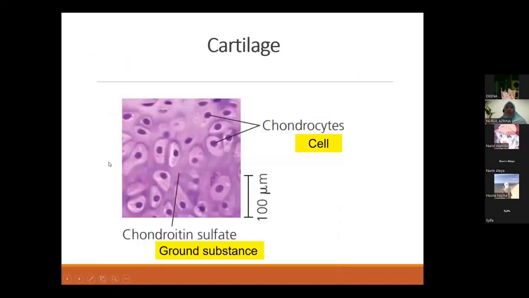This is the microscopic structure of cartilage, what you can find in the matrix of cartilage. In the matrix, you will find the cell, which is the chondrocyte. You can see here the chondrocyte surrounded with lacunae.